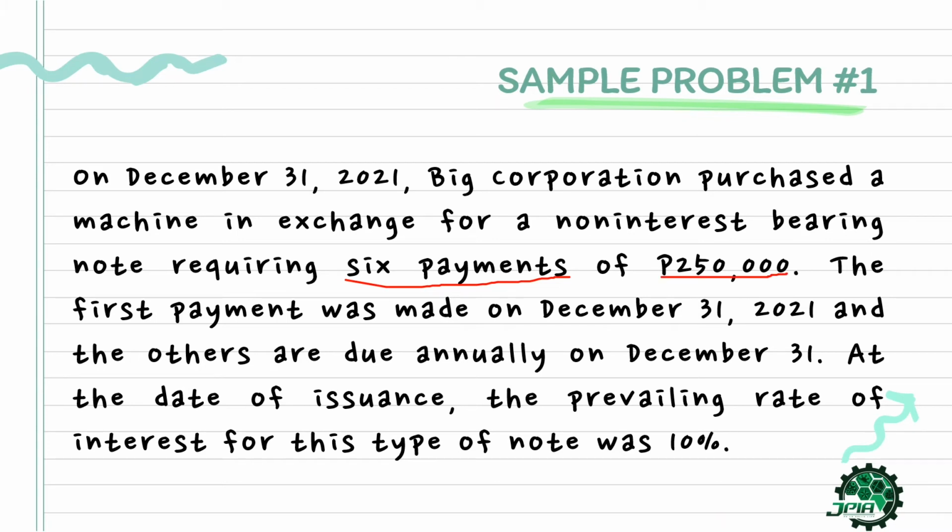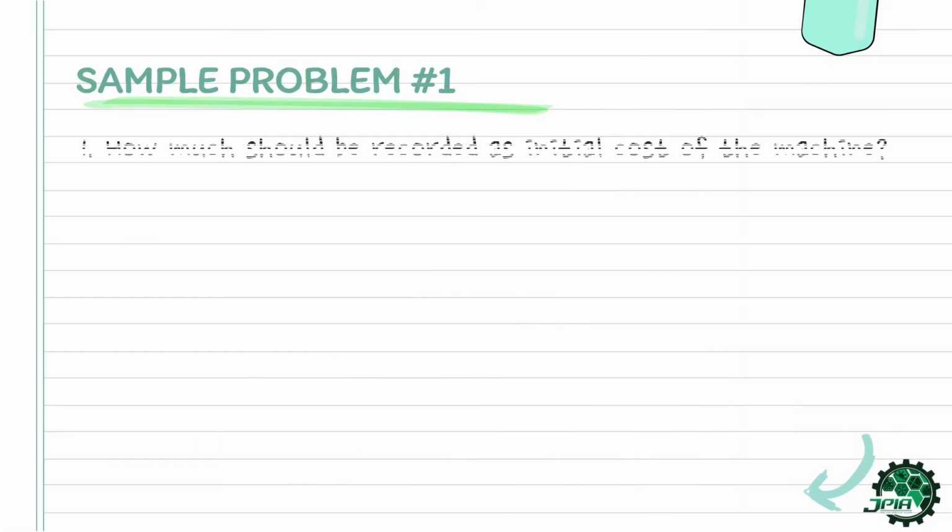The first payment was made on December 31, 2021, and the others are due annually on December 31. At the date of issuance daw, the prevailing rate of interest for this type of note was 10%. So, for the first question, how much should be recorded as initial cost of the machine?